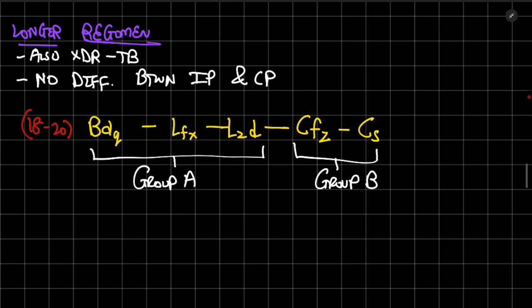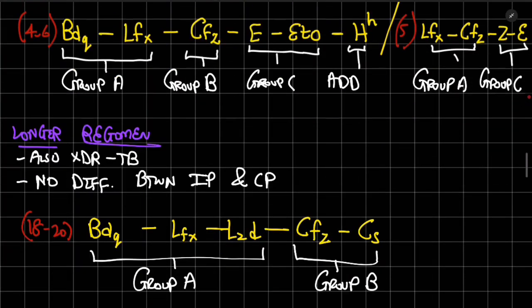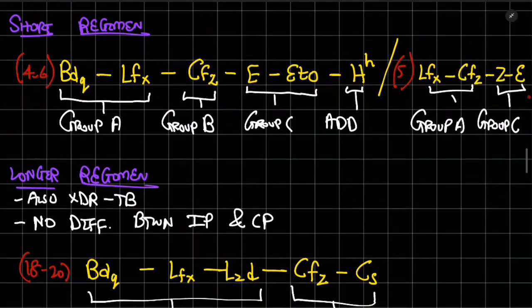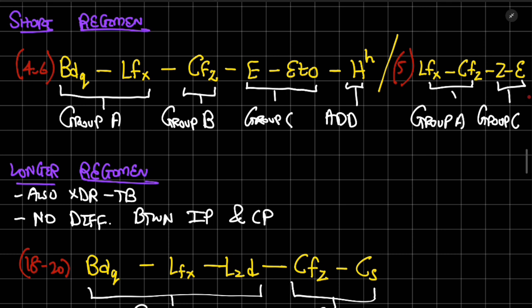And in the longer regimen, we also include the XDR-TB, and the differentiation between initiation phase and continuation phase is not there. So the duration is 18 to 20 months of drug therapy, in which we give 3 drugs of group A and 2 drugs of group B. So bedaquiline, linezolid and levoflox from group A, and clofazimine and cycloserine from group B. Now the short regimen and the long regimen, focusing on these 2 regimens.